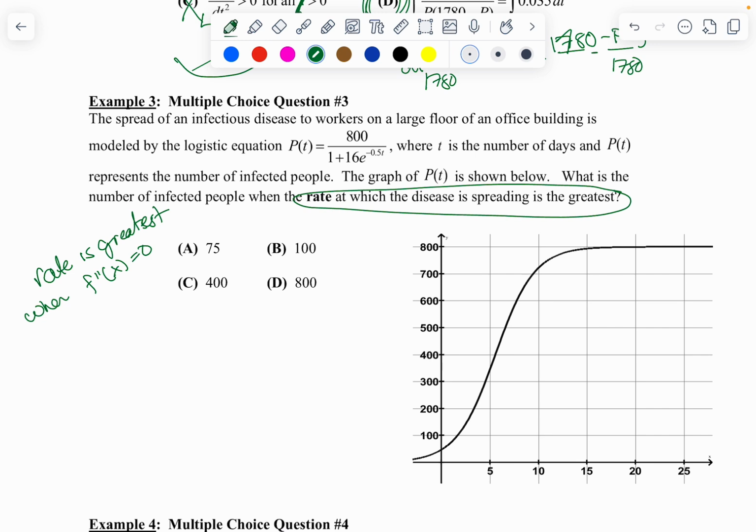And in logistic growth models, what's nice is we know that the rate is growing the fastest, or when the derivative is changing concavity, that is always going to be happening at half the carrying capacity.